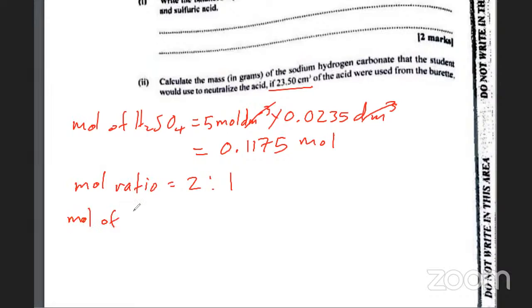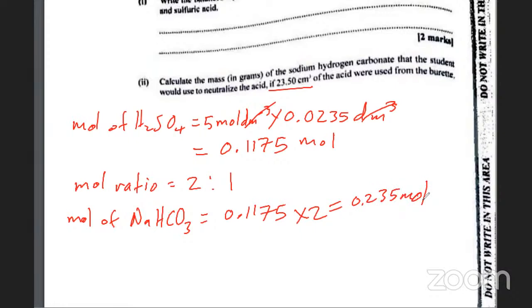The mole of sodium hydrogen carbonate is 0.1175 times 2, and you get 0.235 mole.